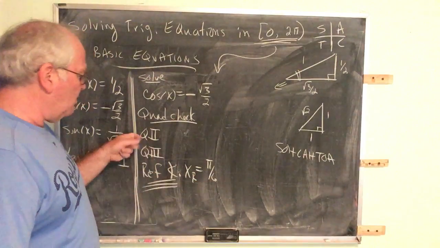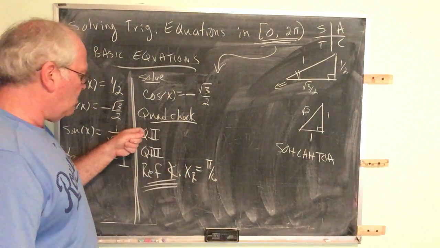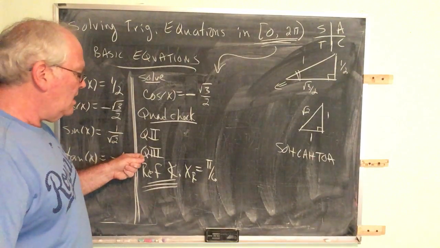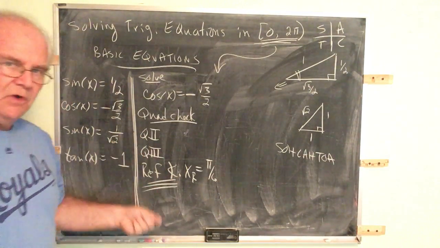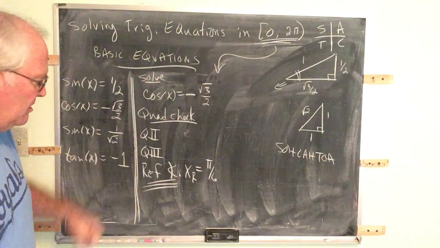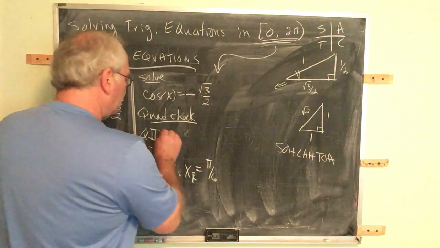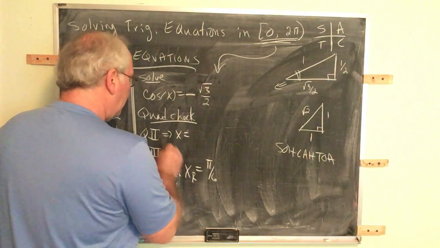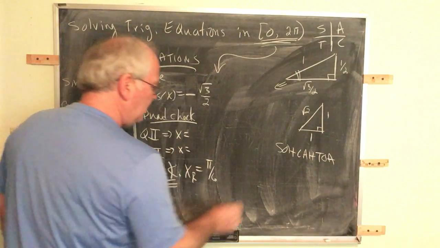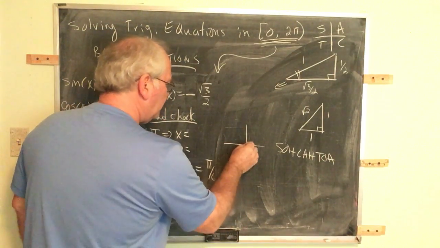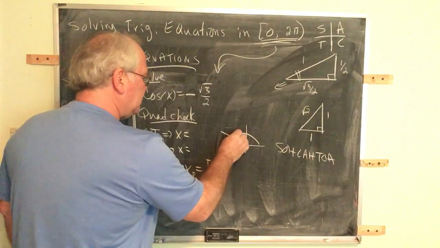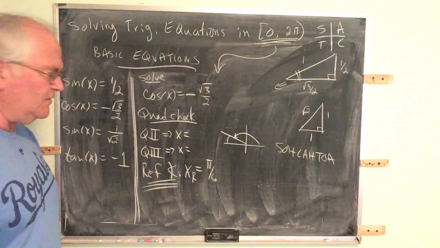And so, is that a solution? No. The solution we want is that reference angle put in quadrant 2 and quadrant 3. Well, you do these same ones over and over again, you start to become familiar, right? So we have a quadrant 2 solution, and we have a quadrant 3 solution. In quadrant 2, there's pi over 6, so that's got to be 5 pi over 6.